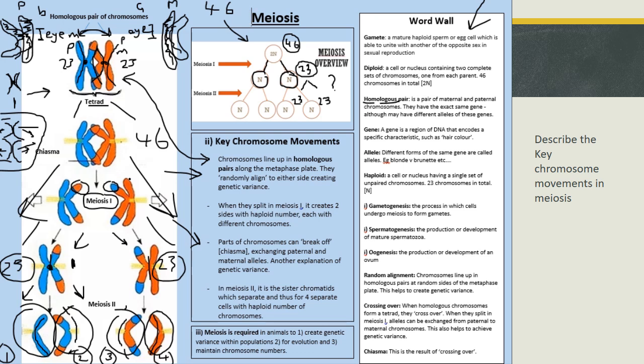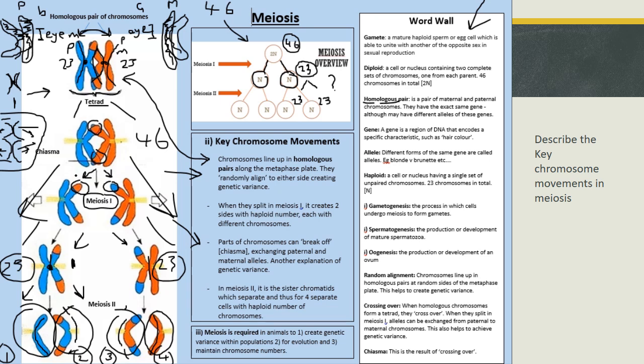Now, this doesn't happen all the time. Again, it's random. But when they're overlapping, when they move apart, when they're ripped apart by the spindle and the kinetochores, etc., then a bit of mum can actually come off with the majority of dad, and vice versa.